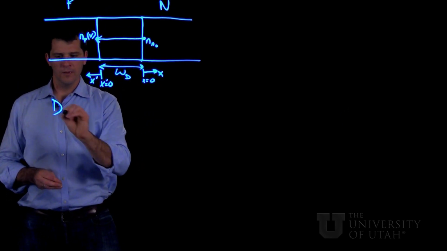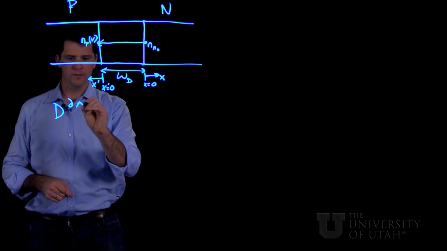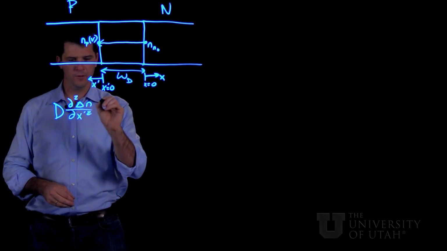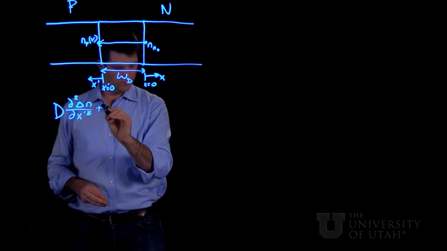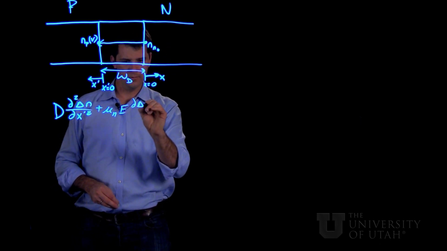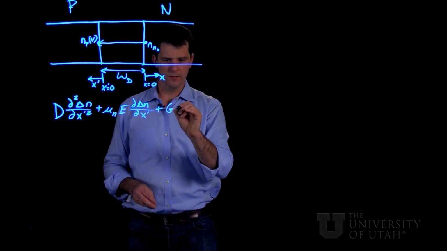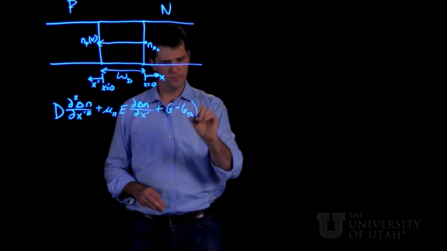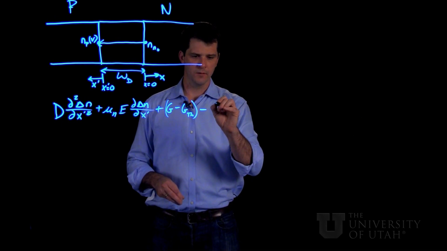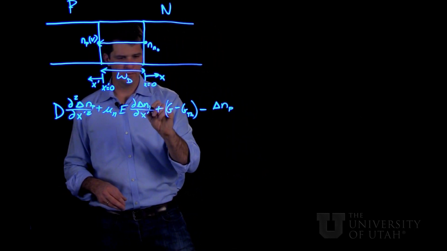So in this section here, we can write the ambipolar diffusion equation as d squared delta n over dx prime squared, plus mu and e d delta n over dx prime, plus any generation, minus thermal generation, minus our recombination, and we're going to use the assumption of low injection and the lifetime approximation to allow us to simplify this here.